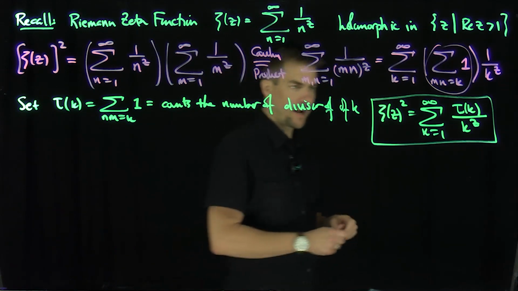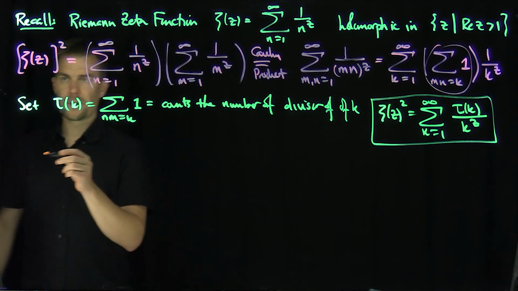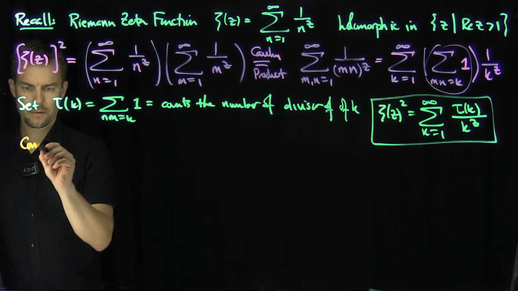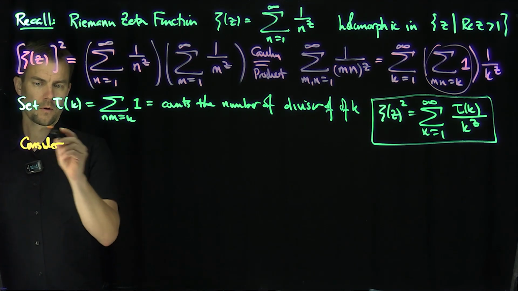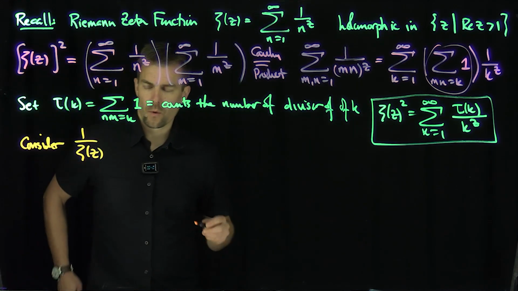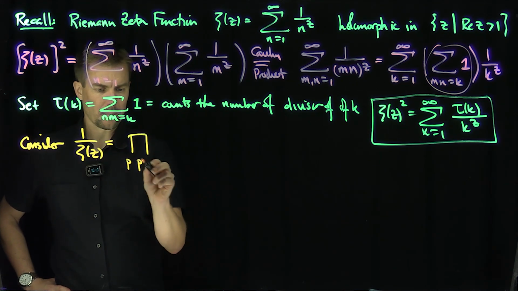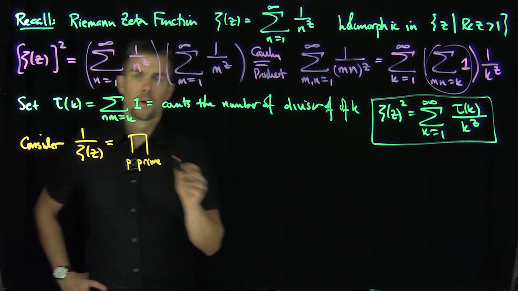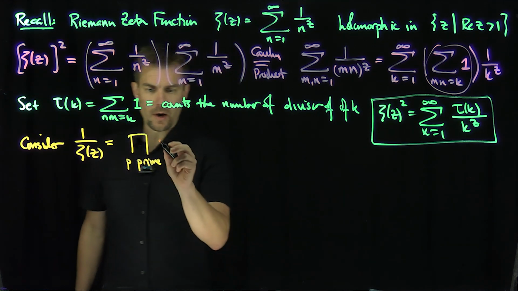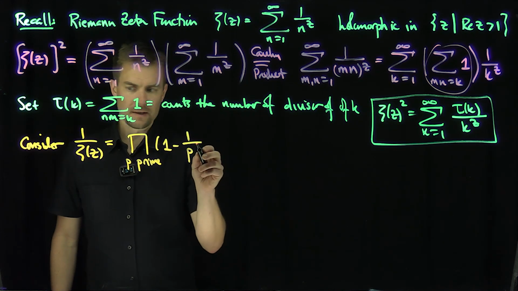Let's look at a next formulation of this. Let's consider 1 over zeta. Well, that's going to be the product over p prime, not 1 over 1 minus p to the z, but just going to be 1 minus 1 over p to the z.